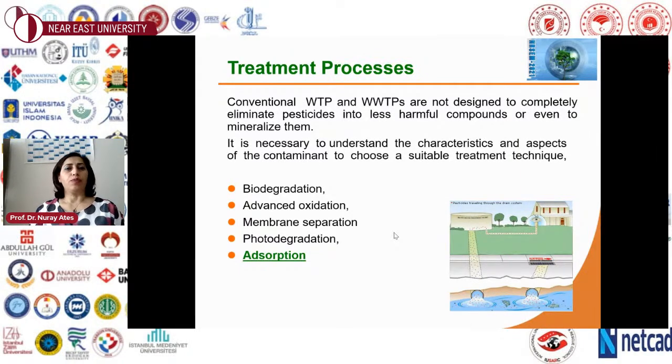Conventional water treatment and wastewater treatment plants are not specifically designed to completely eliminate these pesticides. They cannot transform them into less harmful compounds or even mineralize them by conventional processes. We need to apply other, more advanced processes.